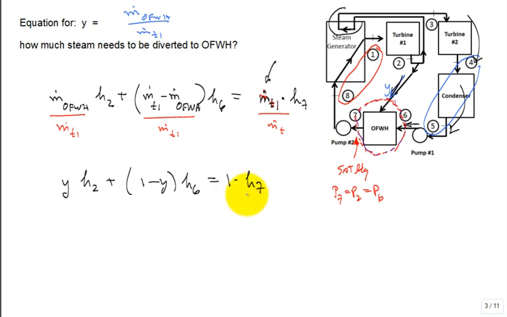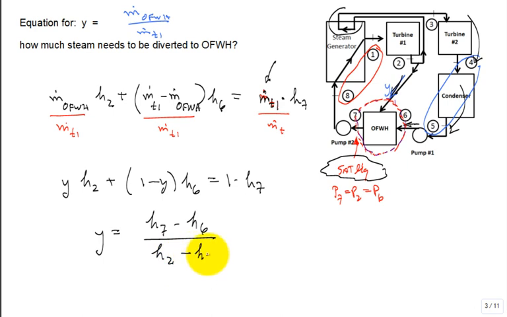And then you can rearrange to get the equation for y. Y, the amount needed to be diverted down to feed that open feed water heater such that it comes out saturated liquid, is going to be, in terms of the enthalpies, H7 minus H6 divided by H2 minus H6. Did I do the algebra good?